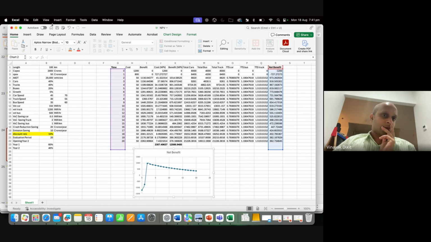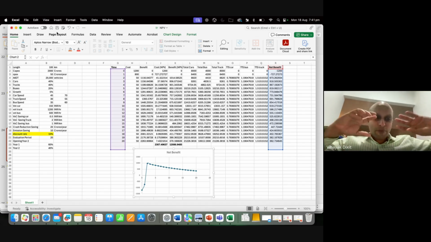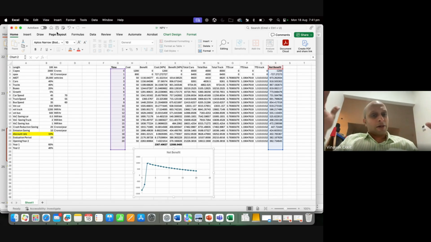Any questions? So what I've done is I've given you a very complicated model, complicated question, but have kind of gone through some fundamental concepts. The first concept is the concept of discount rate.